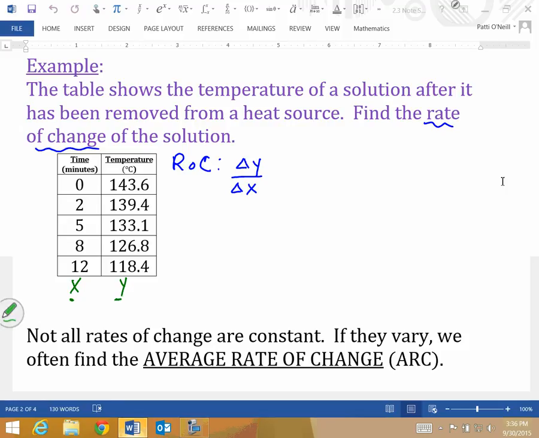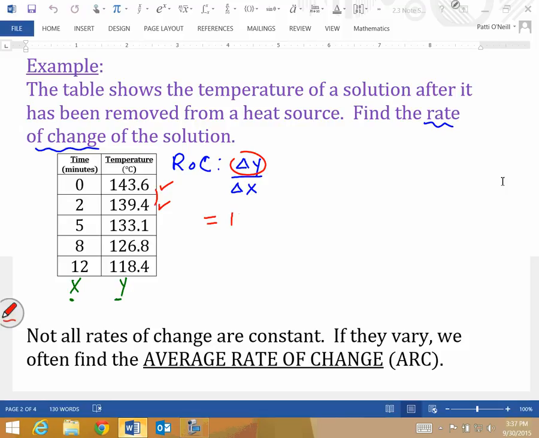So in order to compute this, we really need to just pick two values, two specific pairs. So what if I work right from the first two? If I work from this set of information and this set of information right here, the rate of change is going to turn out to be the change in the y's. That's going to be these two numbers subtracted from each other.